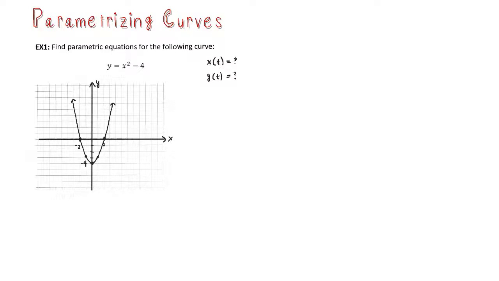Now, before we do that, why don't we analyze the shape of this graph here? Let's note some useful information. For example, I noticed that the domain of this graph consists of every single real number. So I am noting that the domain of this graph consists of -infinity all the way to +infinity.